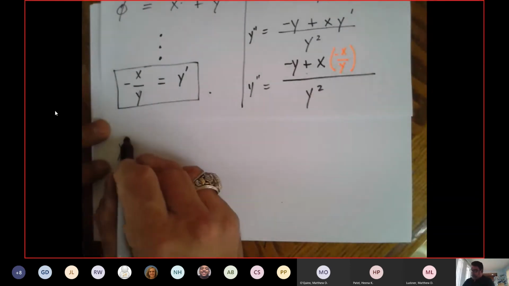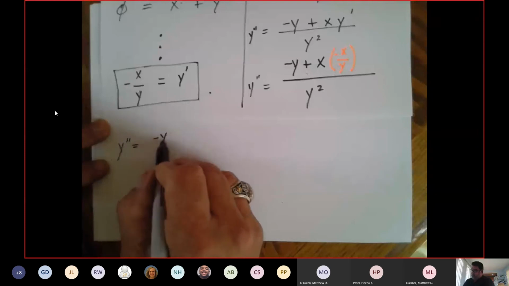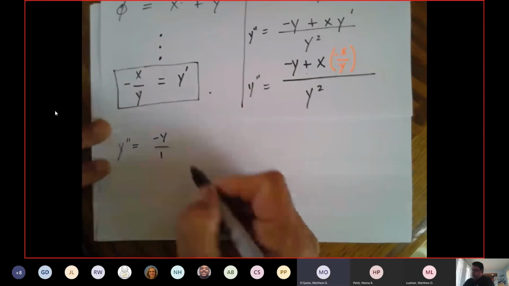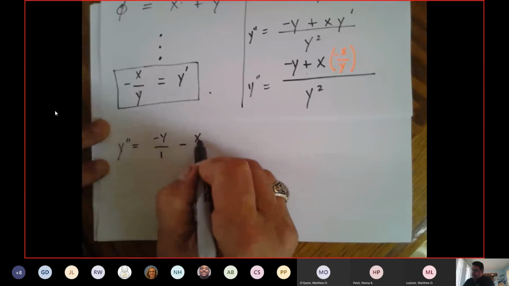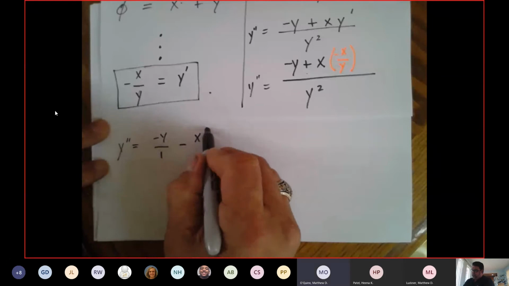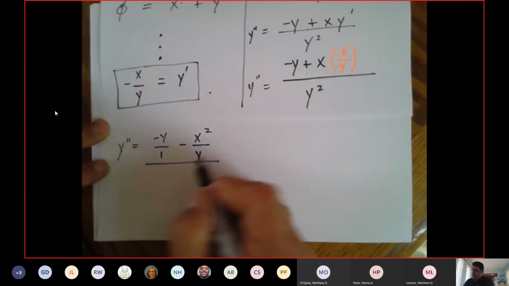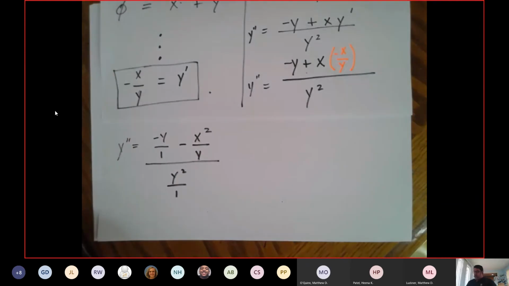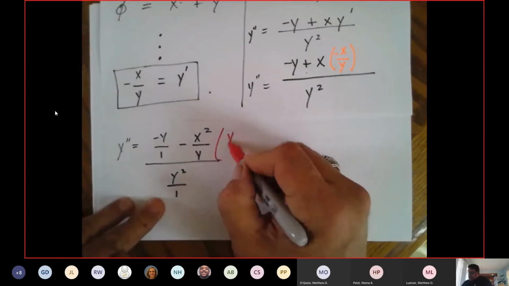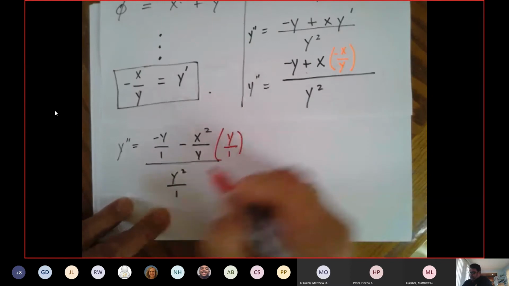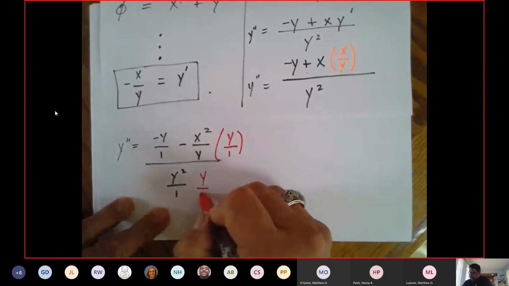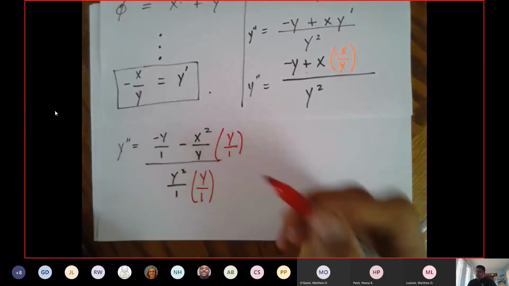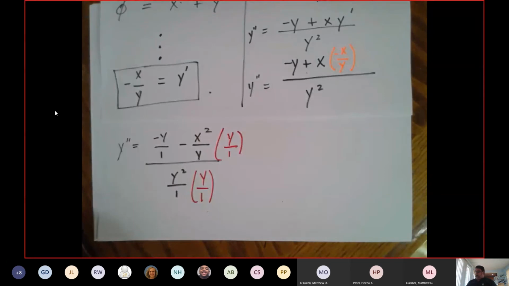Y double prime is equal to negative y over 1 minus x squared over y, squared over 1. What's the common denominator of 1, y, and 1? Y, Hubert. That's right, class. So I'm going to multiply everything by y over 1.